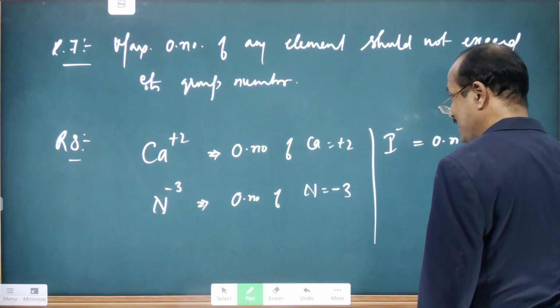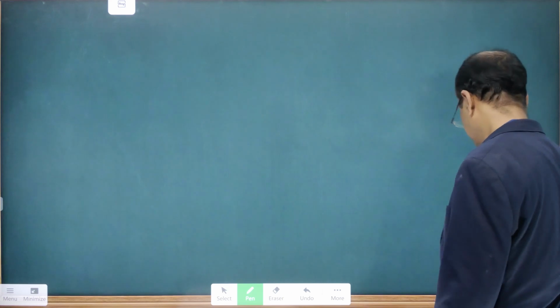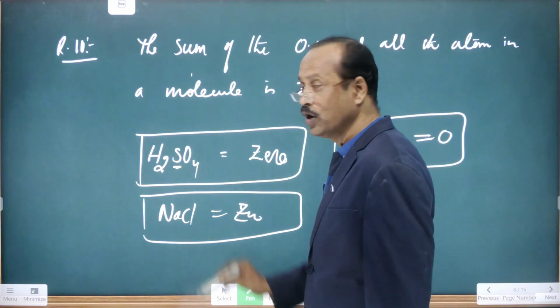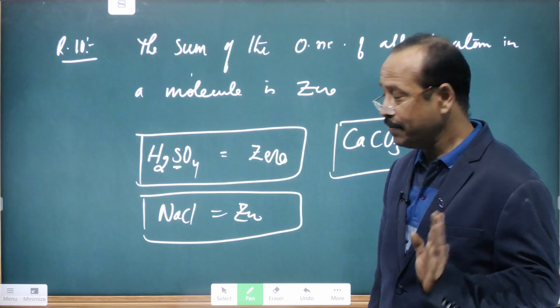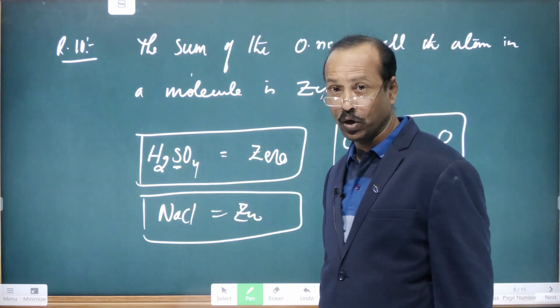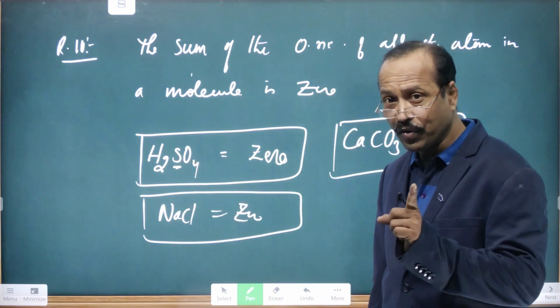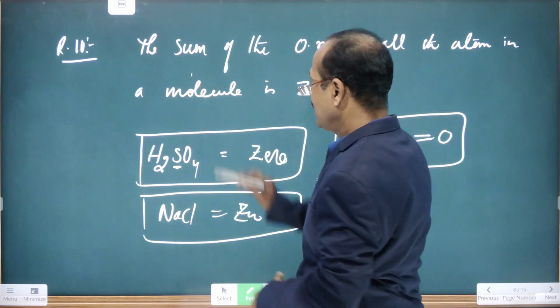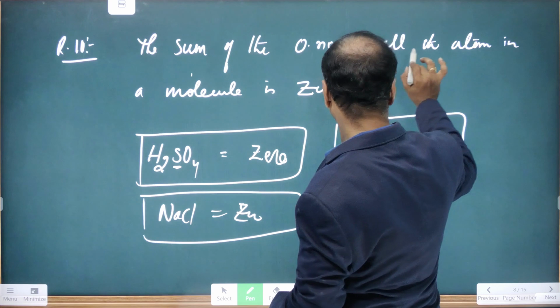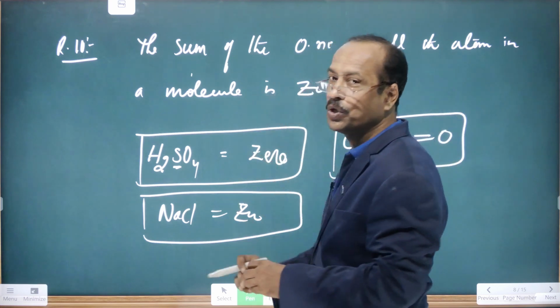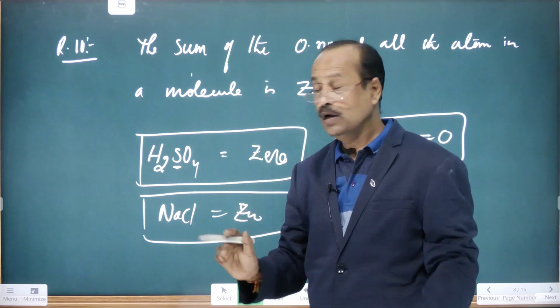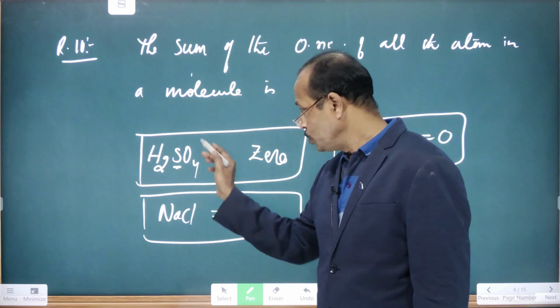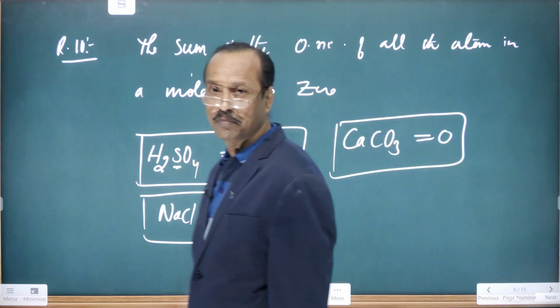But I did not discuss anywhere the oxidation number of sulfur. So you don't know what the oxidation number of sulfur is. So how can you find the oxidation number of sulfur here? By using this rule: the sum of the oxidation numbers of all the atoms in a molecule is 0.